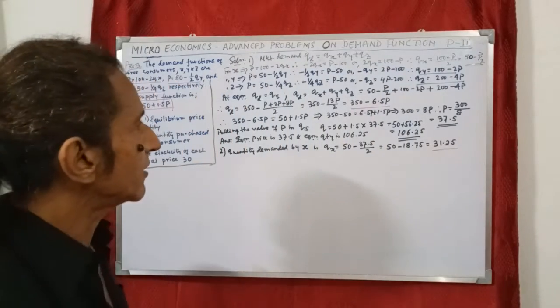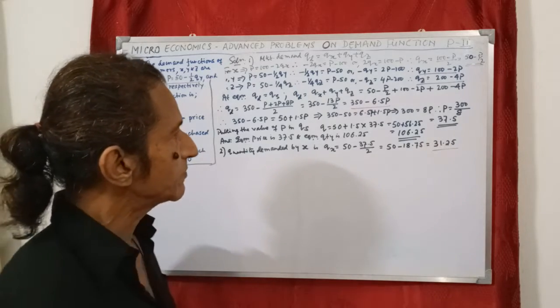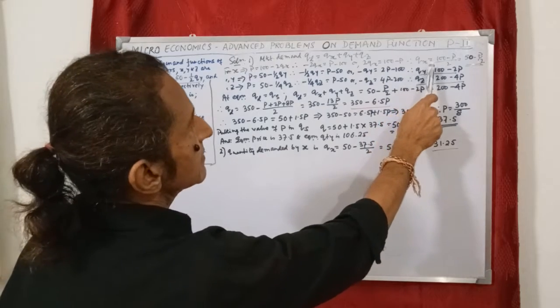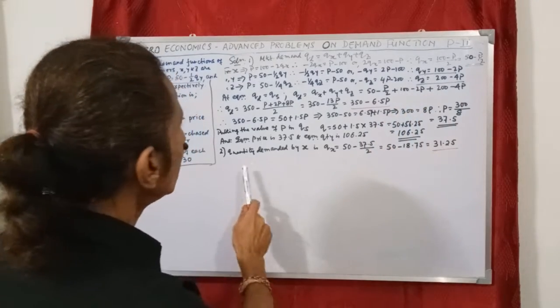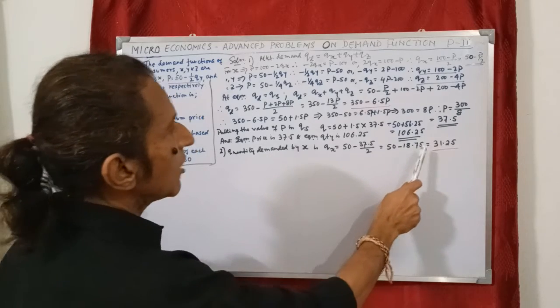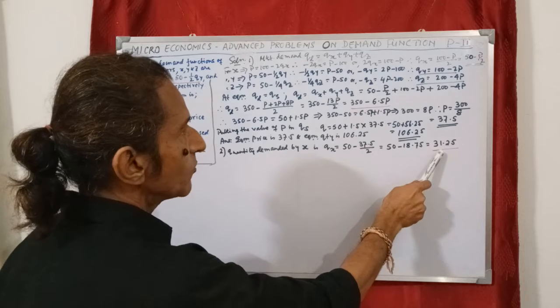Right? So what we have done is put the value of P, the equilibrium price, in the demand function of individual X, and found out how much quantity individual X is purchasing, that is 31.25.